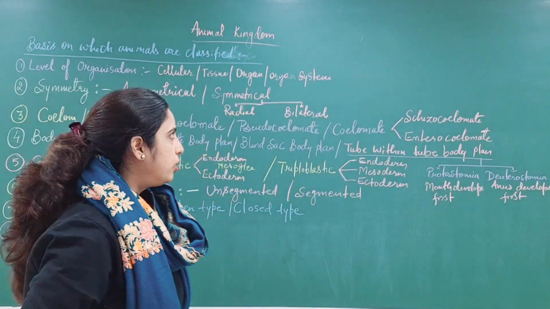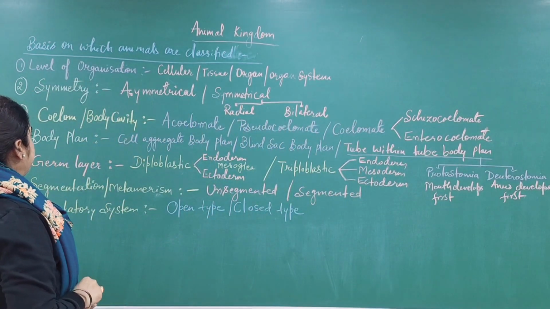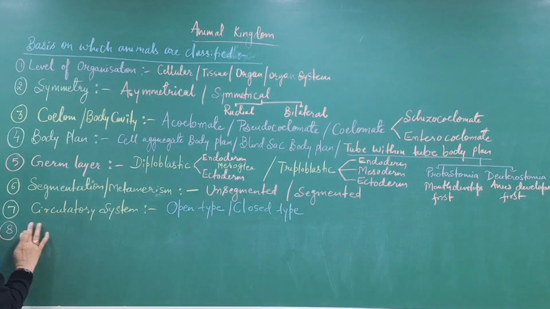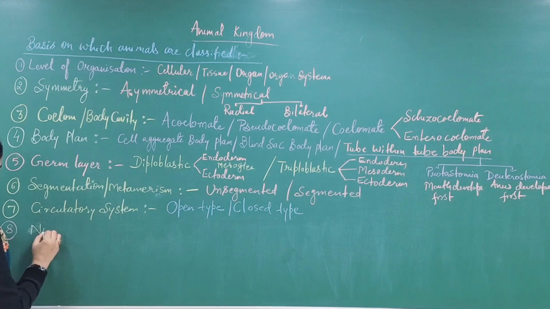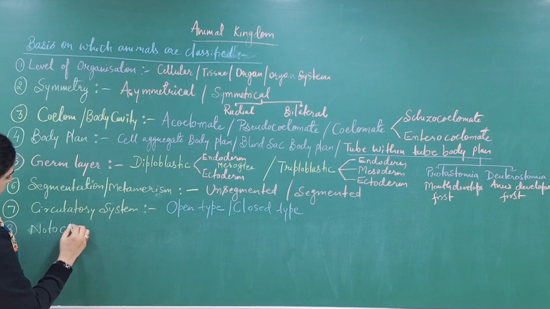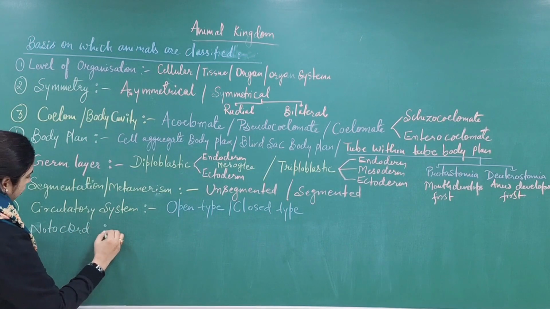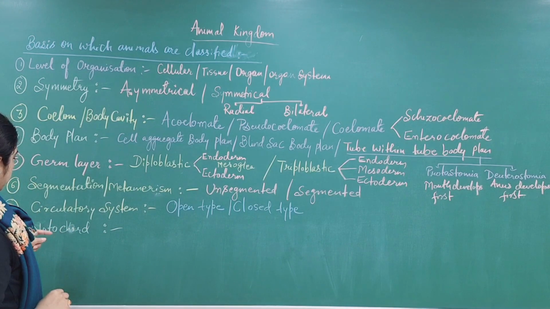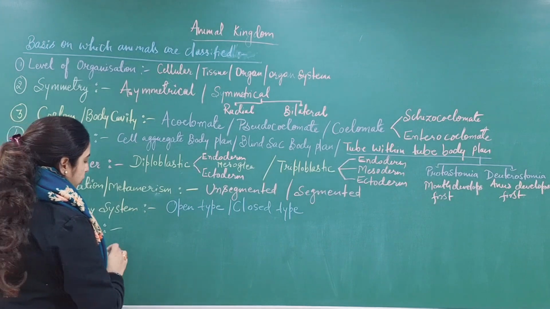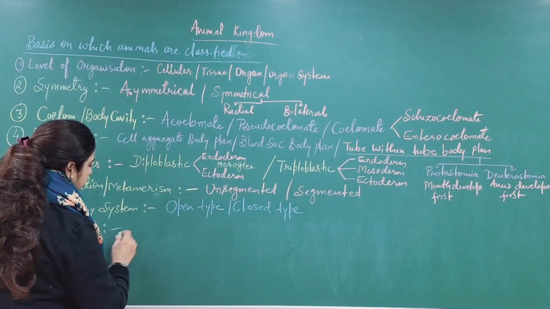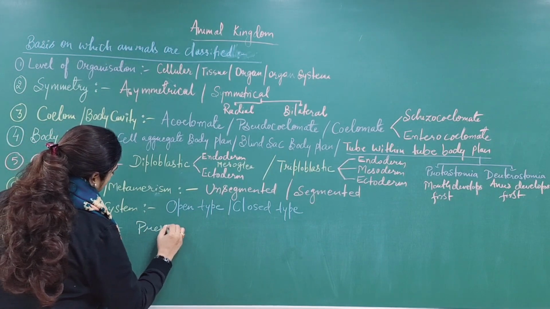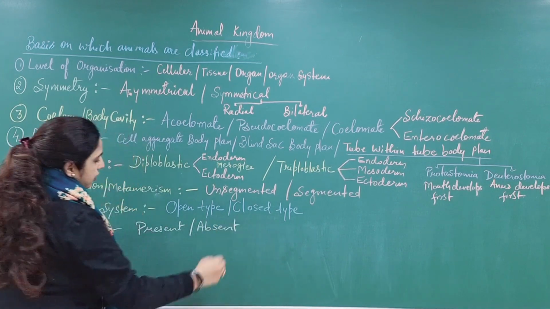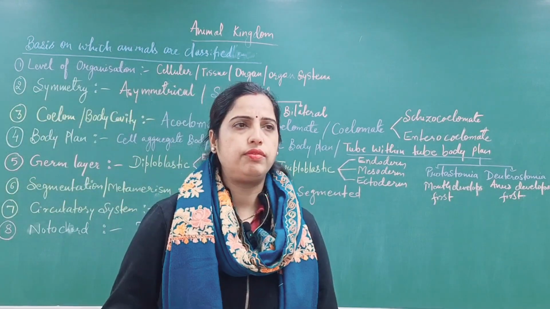Okay, coming back to the basis of classification in animals, another very, very important one is the notochord. They can have the notochord either present or absent. Later on, we will be studying the role of the notochord.